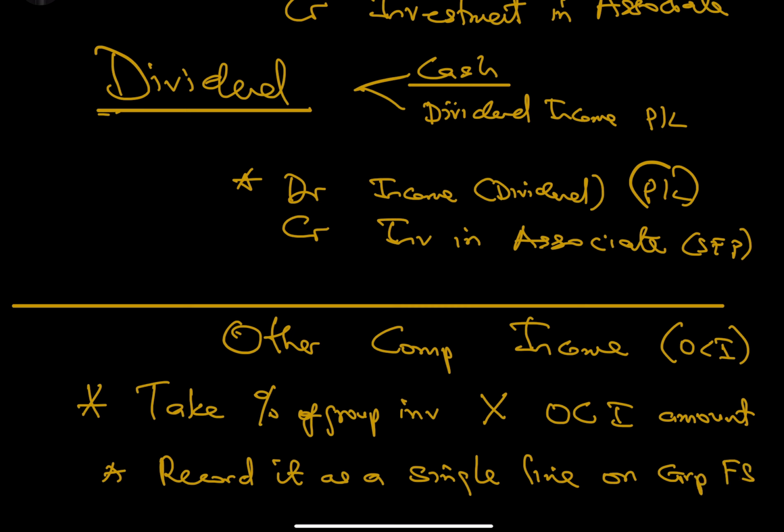So that would be the group share of OCI of the associate. In that case, you don't have to worry too much about it. It's just 25% of that OCI figure, and you put it there. And that's how you arrive at the total comprehensive income for the group. Okay. That is it for associate.